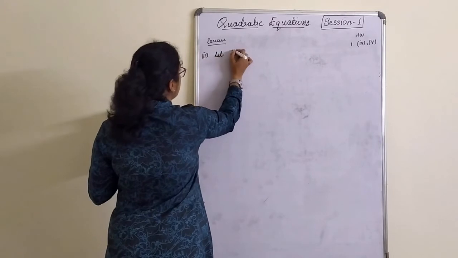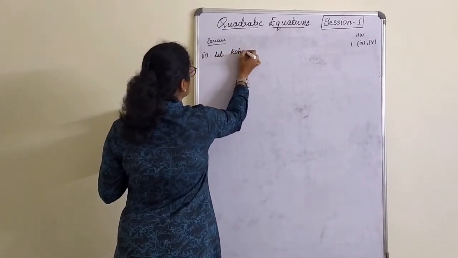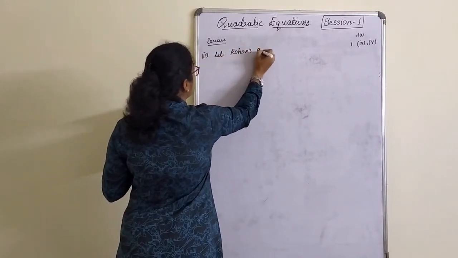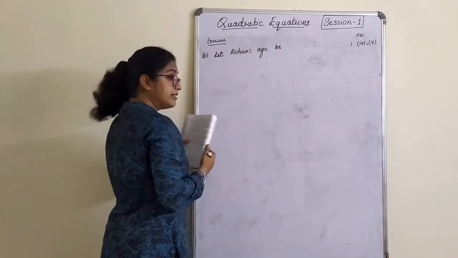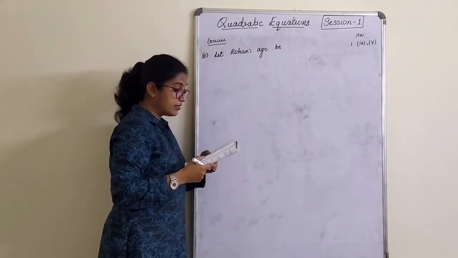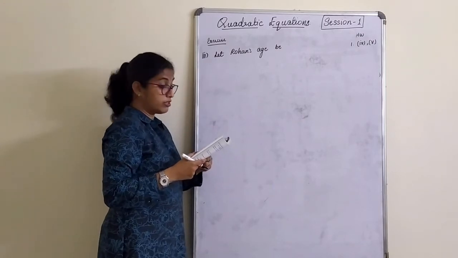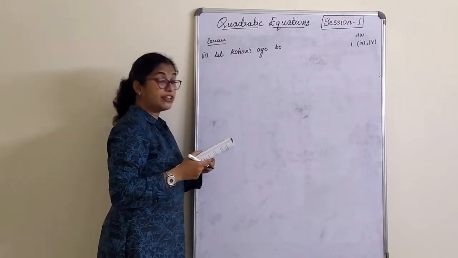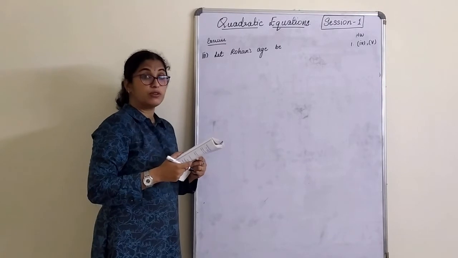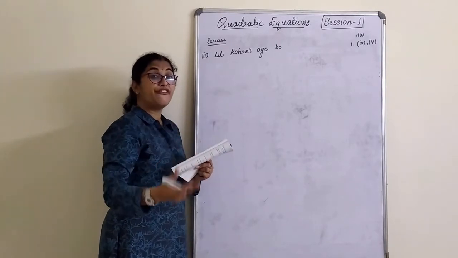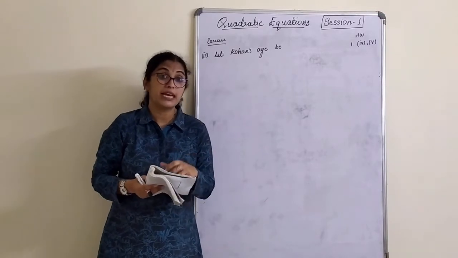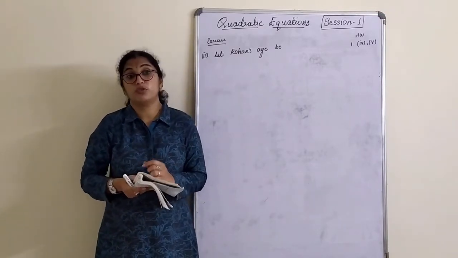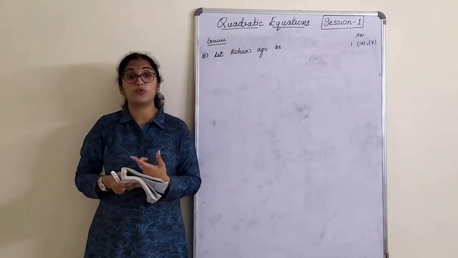Let Rohan's age be... Now children, can you frame this equation in linear also? Just check. But if in case you have to frame the linear equation, they should give you two different conditions, right? You need to be very careful. Sometimes, now we are solving quadratic, so you feel that okay, this is all into quadratic.